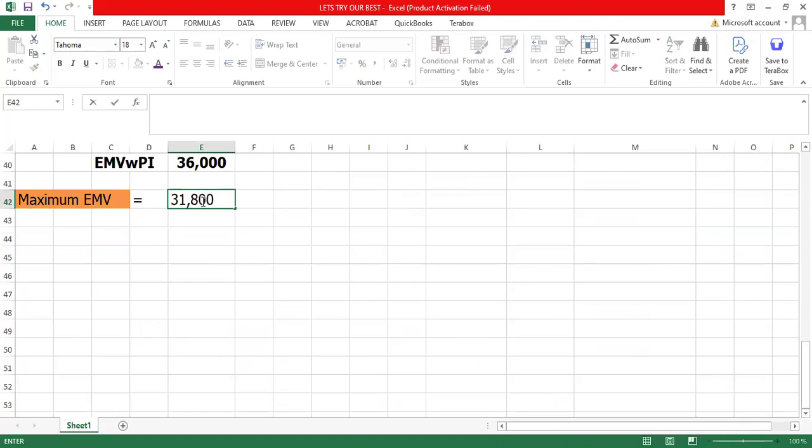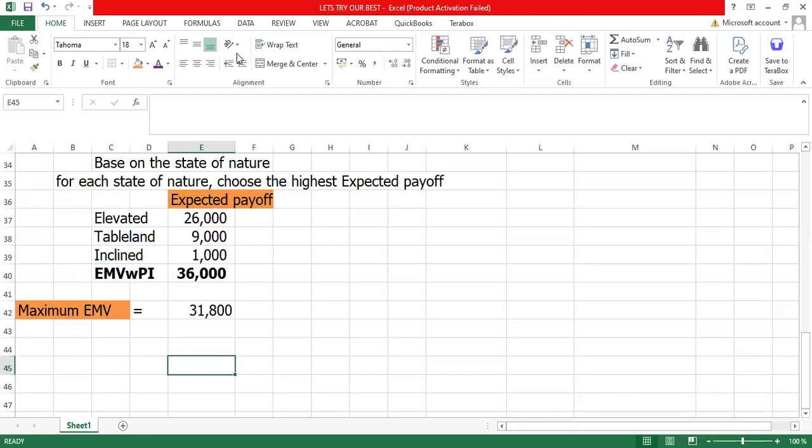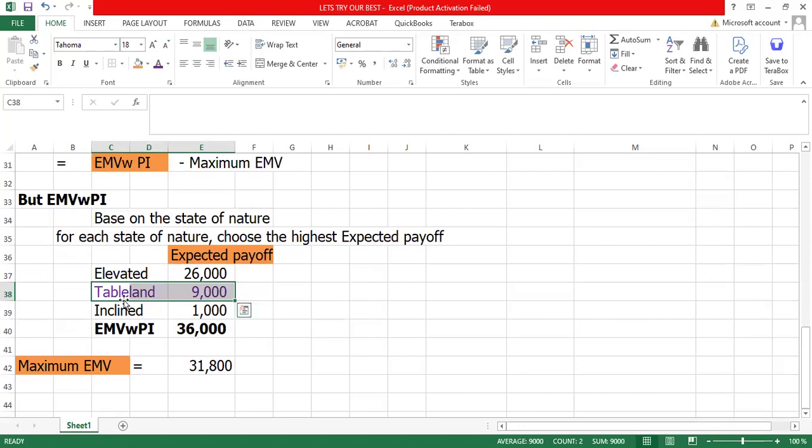Abel, a minute. Yes, please. You said you get the highest values of each state of nature, right? Yes. Then why is 9,000 coming in, and 1,000? Okay, let me go back and we see tableland and inclined.